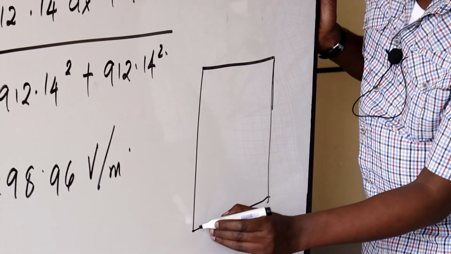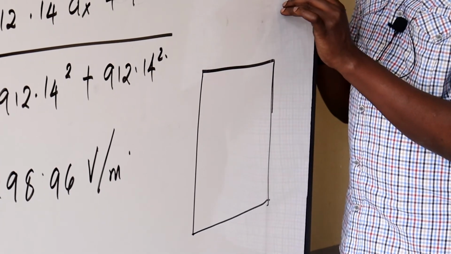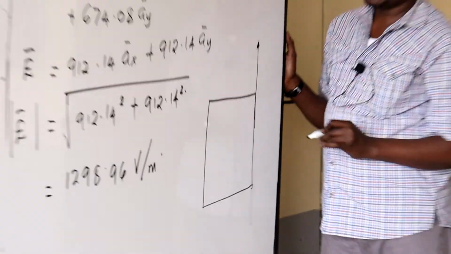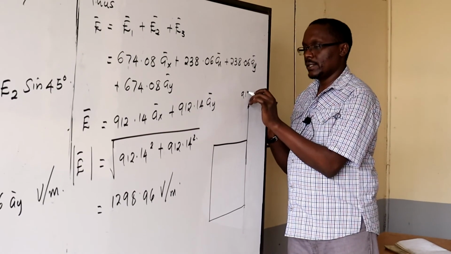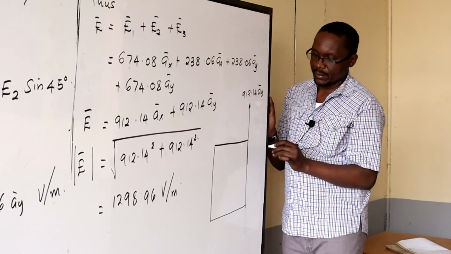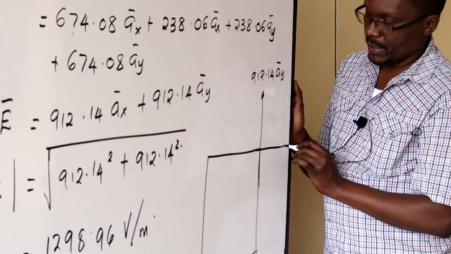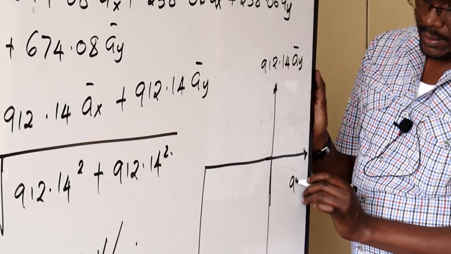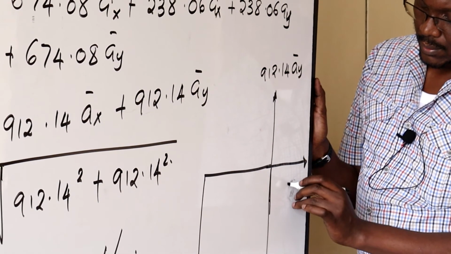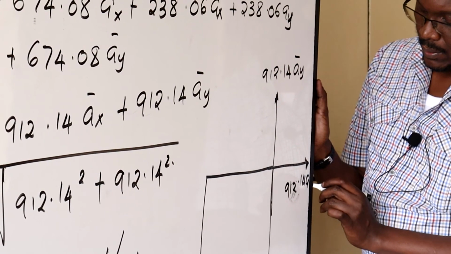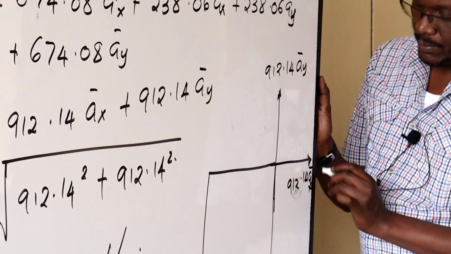So my sketch, I have electric field strength in the y-axis, which is 912.14 AY bar, and another one in the x-axis, which is again 912.14 AX bar.